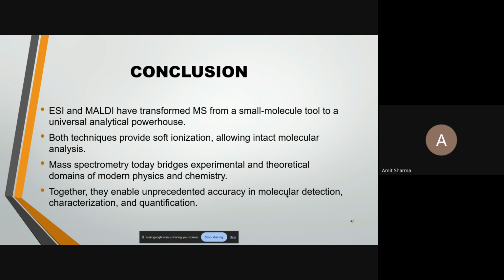These both techniques provide soft ionization methods, allowing intact molecular analysis, and they make sure that the molecules are not fragmented during the process. And mass spectrometry brings experimental and theoretical domains of modern physics and chemistry together, and they enable unprecedented accuracy in molecular characterization and quantification.